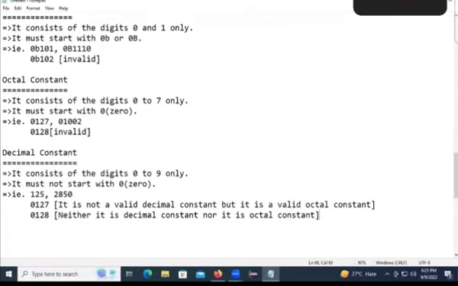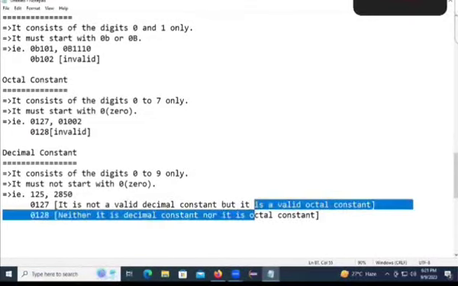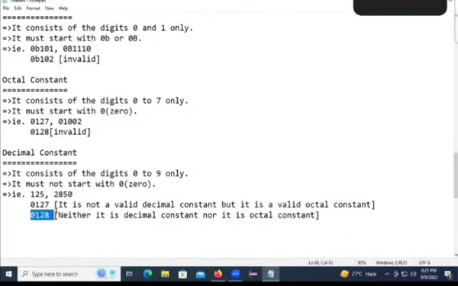It won't be treated as decimal because it starts with 0, and when it starts with 0, it won't allow 8; only 0 to 7 is allowed. So this is absolutely invalid, while 0127 is a valid octal constant.